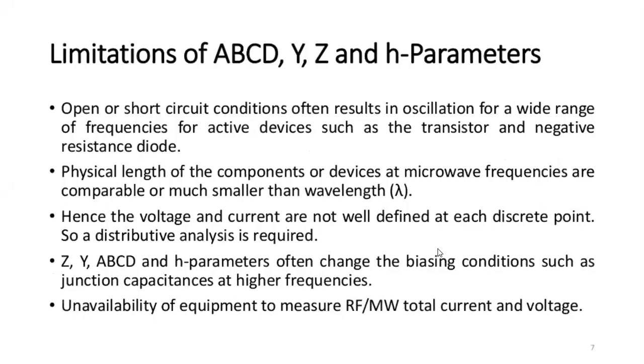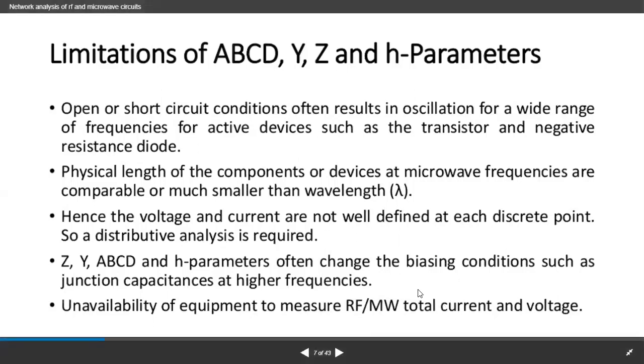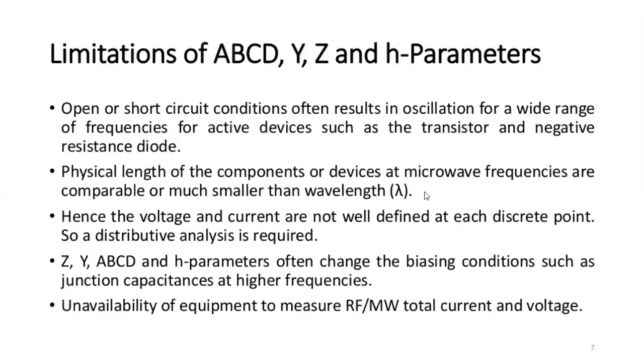Consider oscillators like the RC phase shift oscillator or Hartley oscillator: they give oscillation based on two conditions of the Barkhausen criteria, that is, A beta is equal to 1, and the total phase angle should be 360 degrees or 0 degrees. If that is not satisfied at higher frequencies, you will have oscillations occurring, either over-oscillation or under-oscillation. Physical length of the component or devices at microwave frequencies should be comparable to or much smaller than the wavelength.